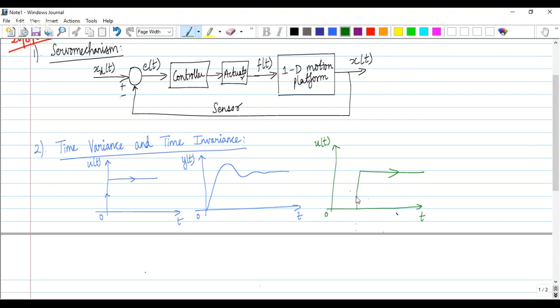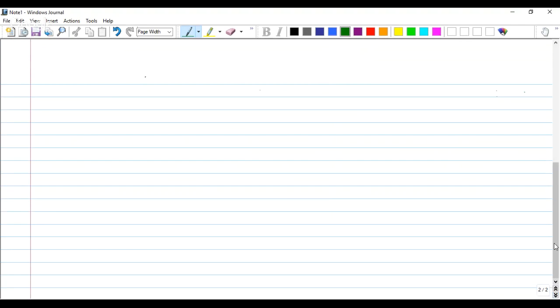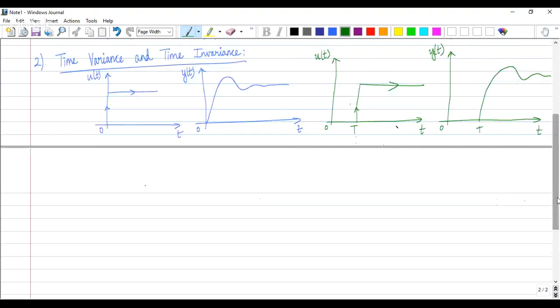Let's say I provide it after a time interval of T seconds. Then what should happen is that if the system were time invariant, then the output should also be the same, the only difference being that it should be shifted by the same time interval, capital T. Then the system is said to be time invariant. So that's the difference between time variance and time invariance.